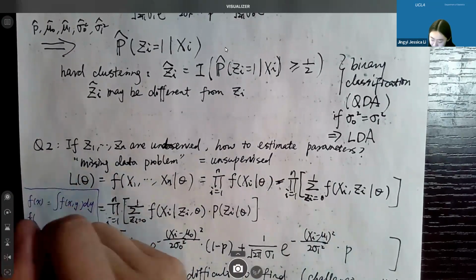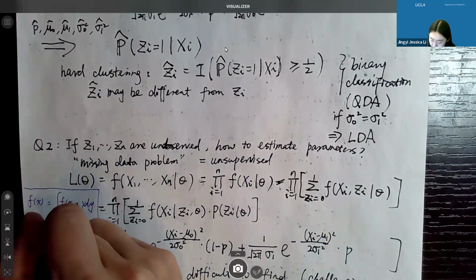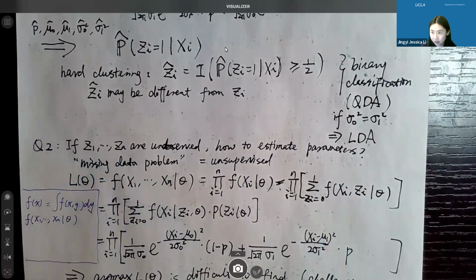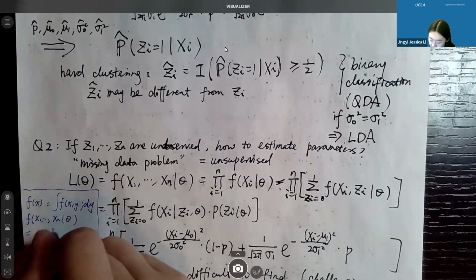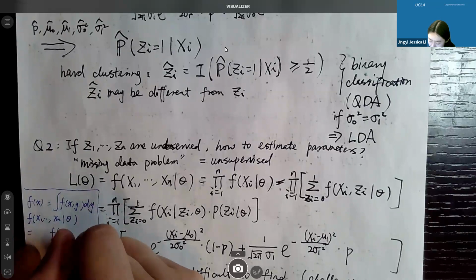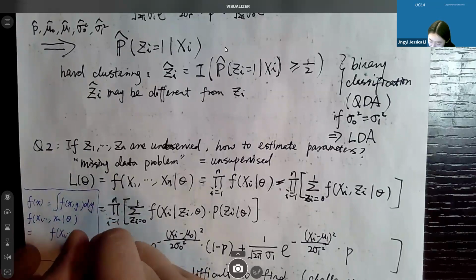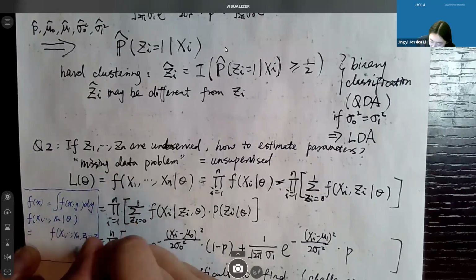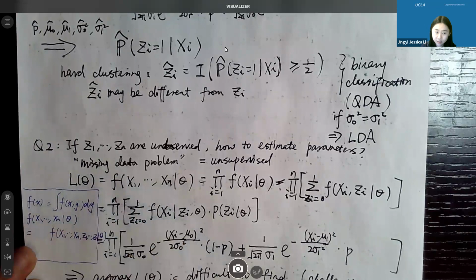So the f of x1 to xn given theta, which we have for the likelihood for this incomplete data, can be written as the joint density of x1 to xn, z1 to zn, given theta, and we consider all possibilities for the zi's.